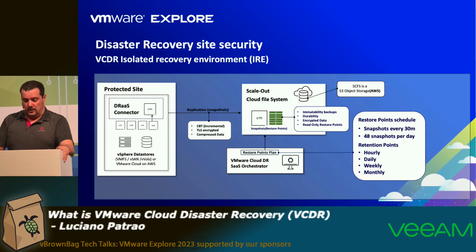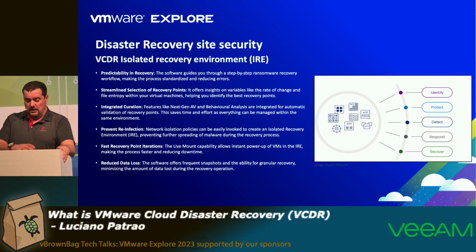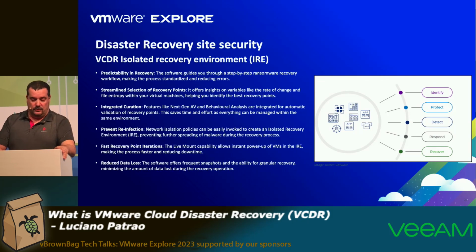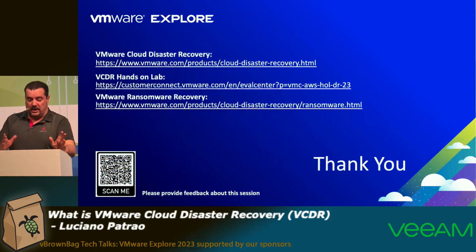Everything will be running. So in this case, with IRA, you have predictable recovery, recovery point integration because you can test your snapshots, and also, very important, reduced data loss and fast recovery point iterations. So these are the points.